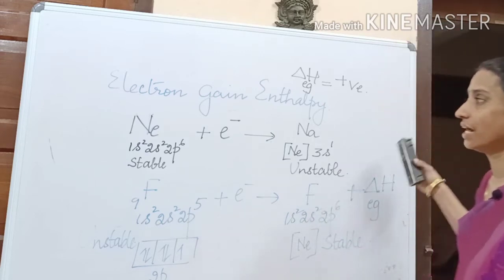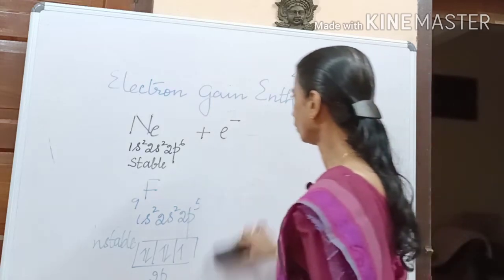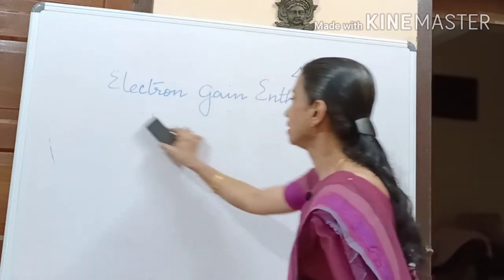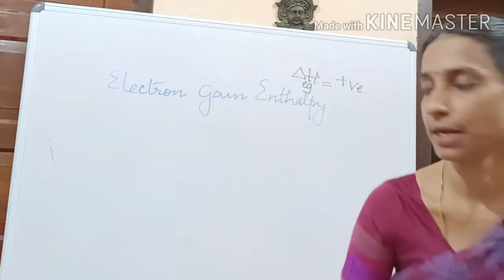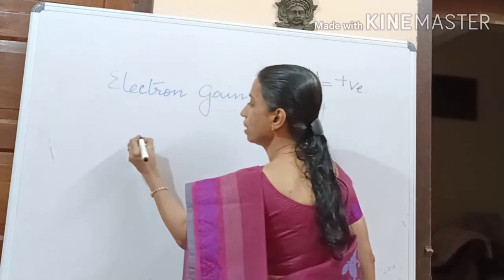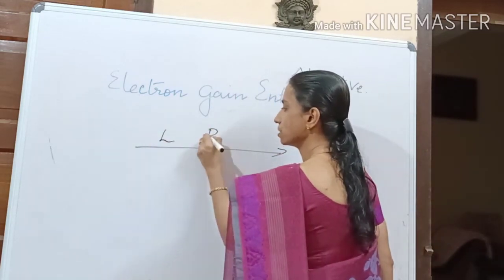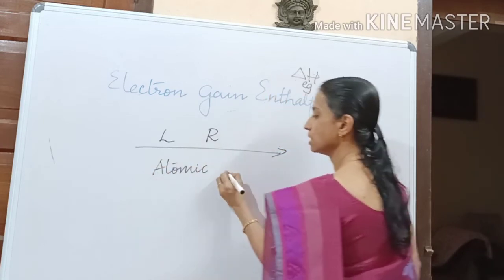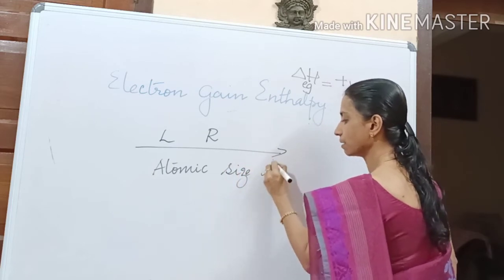So what is the trend in electron gain enthalpy? When we check the electron gain enthalpy in the periodic table, as we move across from left to right, atomic size keeps on decreasing.